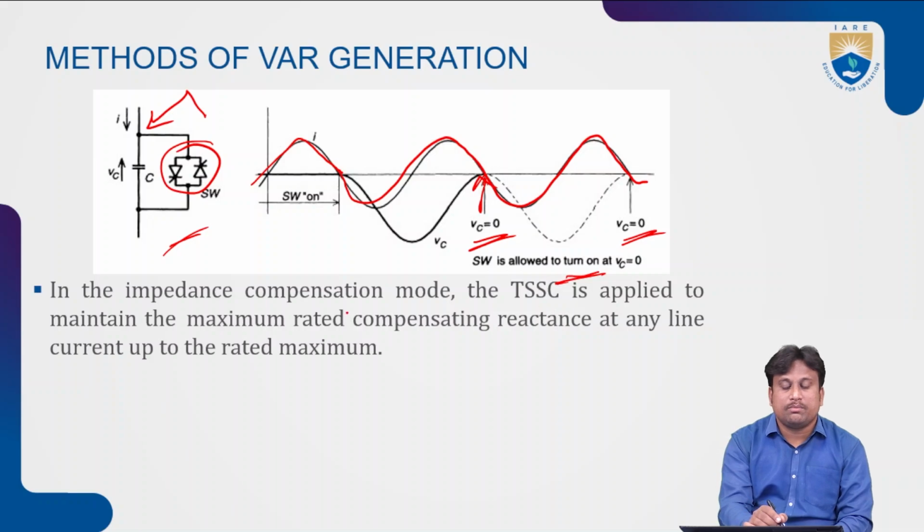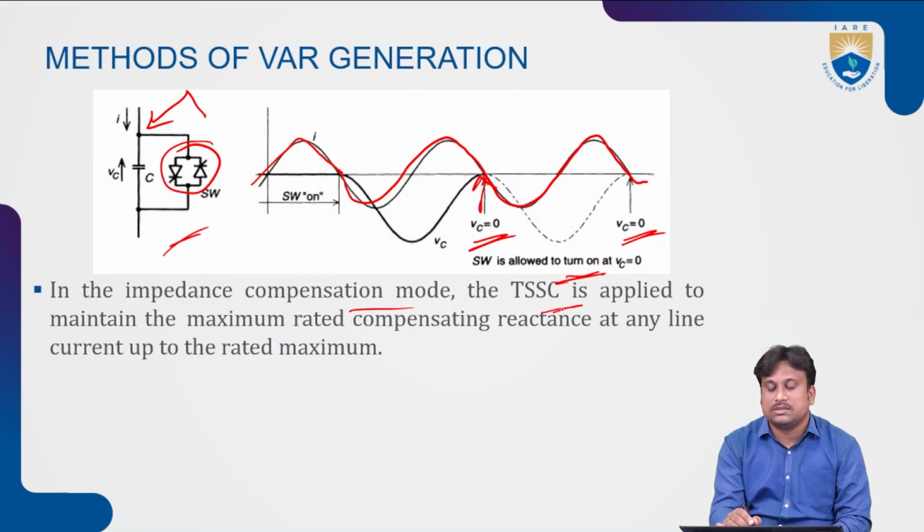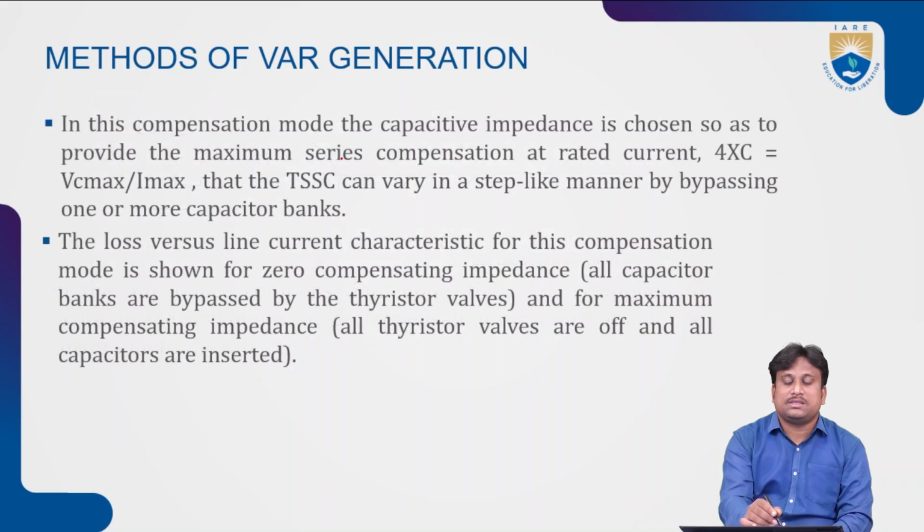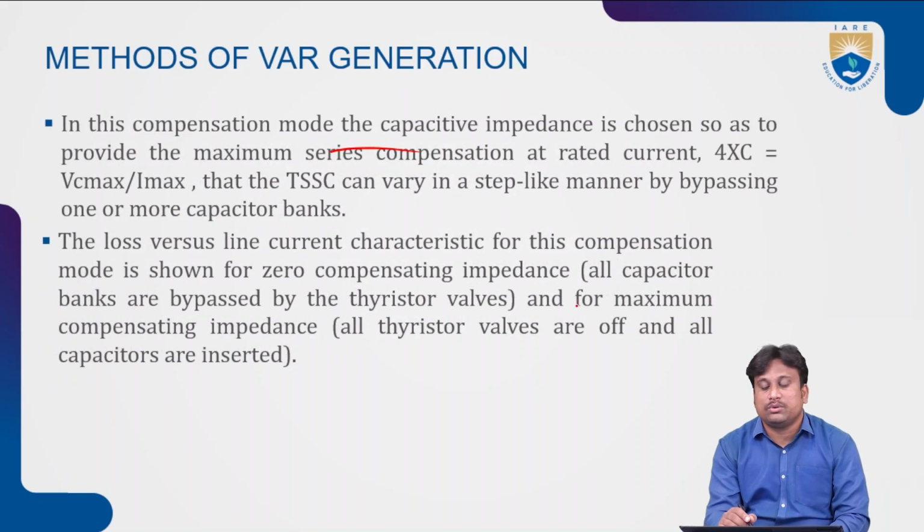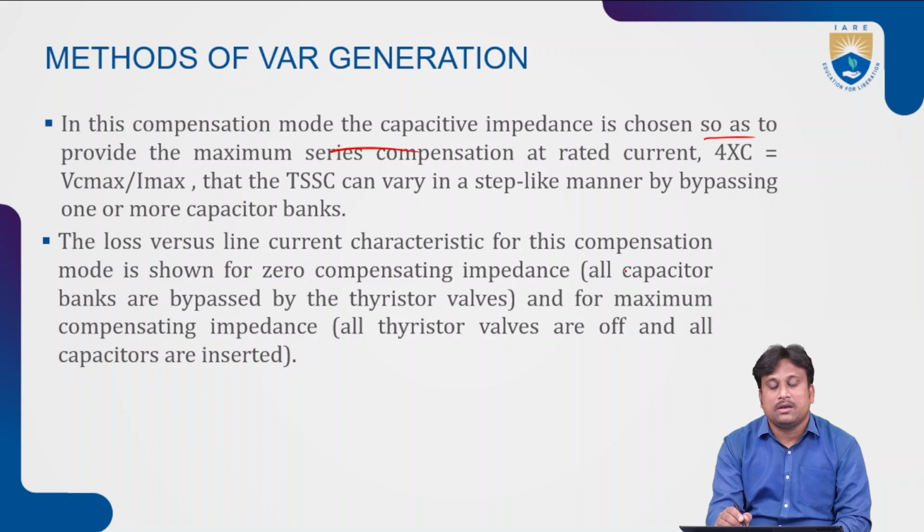So in the impedance compensation mode, TSSC is applied to maintain the maximum rated compensating reactance at any line current up to the maximum rated value. In this compensation technique, the capacitive impedance is selected so that it can provide the maximum series compensation.